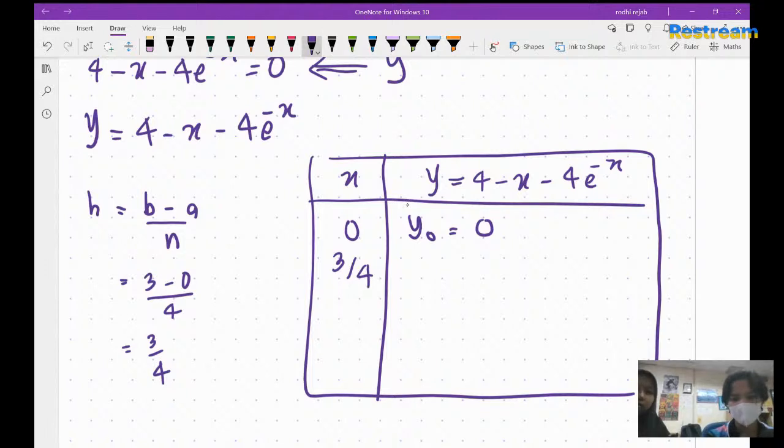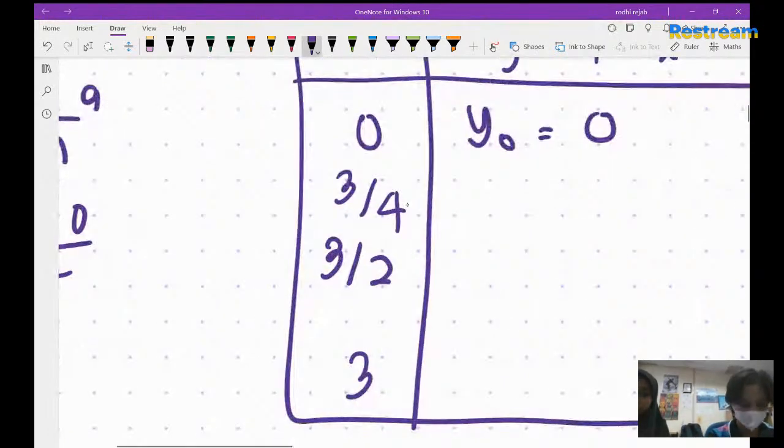For this part, just calculate 3 over 4 plus until the end, which should be 3, because the graph is bounded from 0 until 3. So 3 over 4 plus 3 over 4 is 3 over 2, and 3 over 2 plus 3 over 4 is 9 over 4.